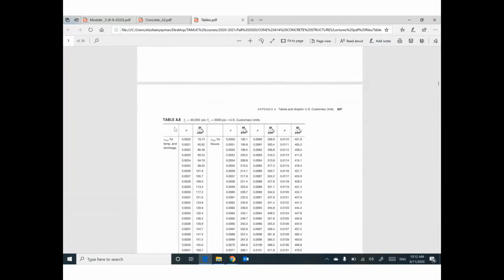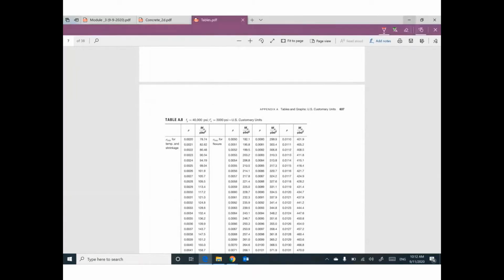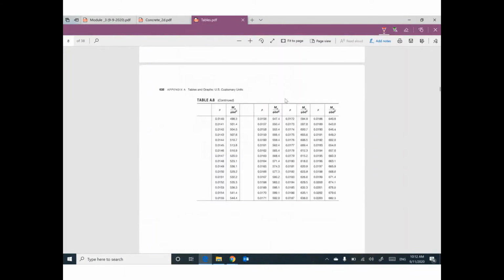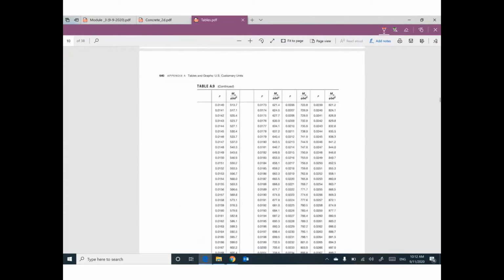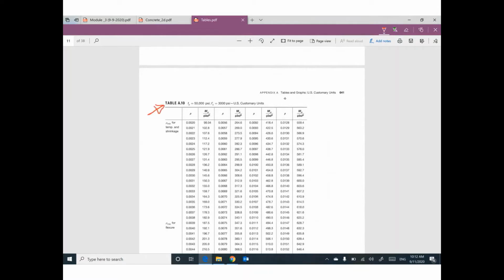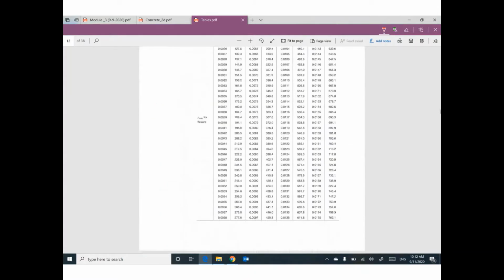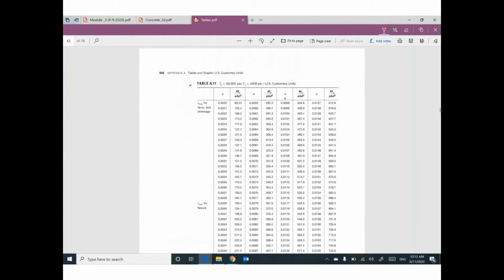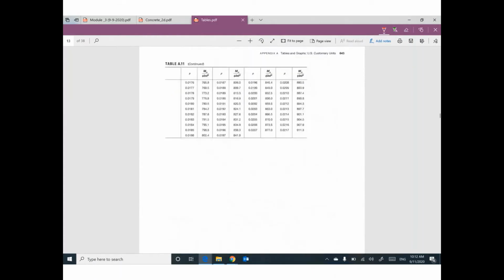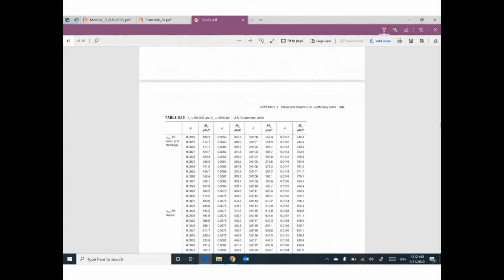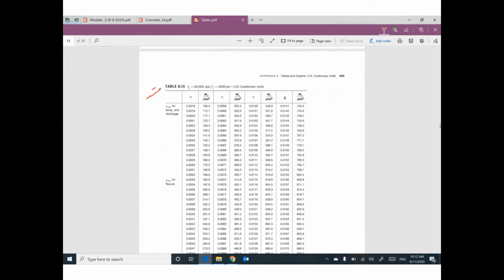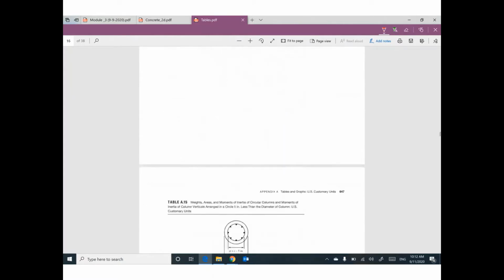Table A8, and table A9, and table A10, and table A11, and A12, and A13. That's it.